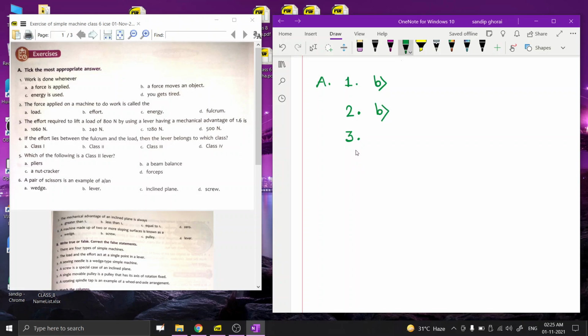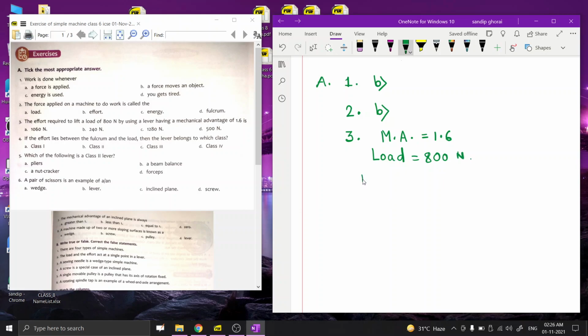The effort required to lift a load of 800 Newton by using a lever having a mechanical advantage of 1.6 is. For this question we have to solve: mechanical advantage is equal to 1.6, and the load value is equal to 800 Newton.